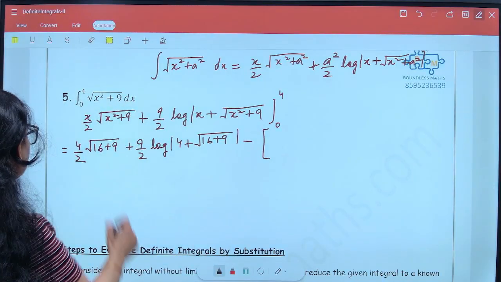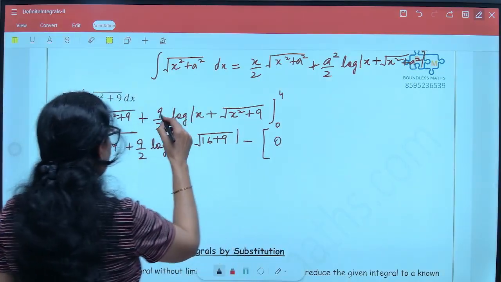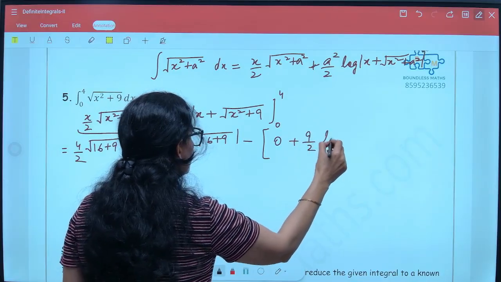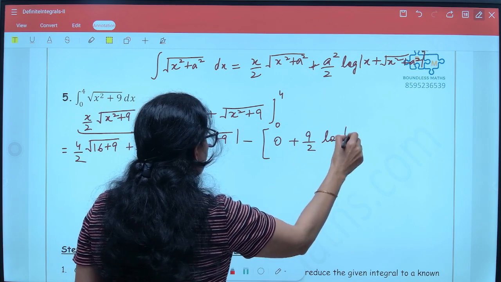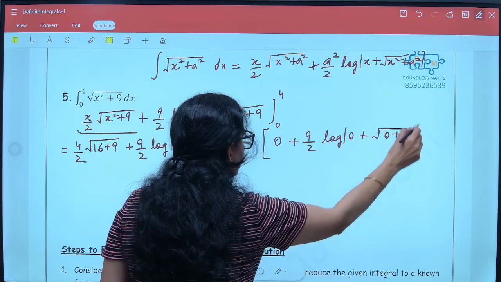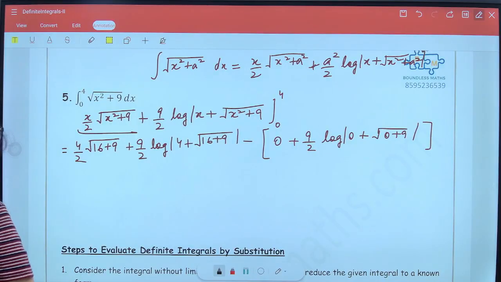So this first term becomes 0 because it is x by 2, so this becomes 0, and in the second term we have 9 by 2 log of 0 plus square root of 0 plus 9, right. So let's simplify it first.